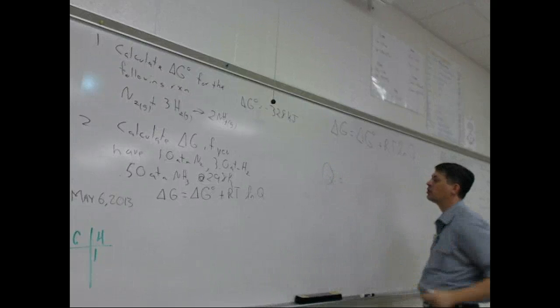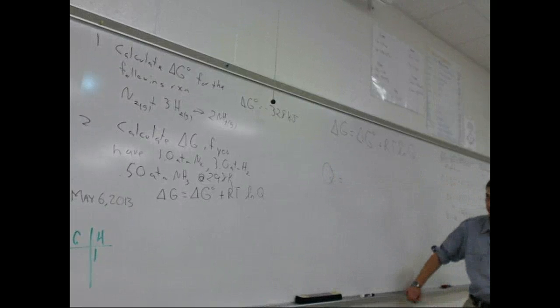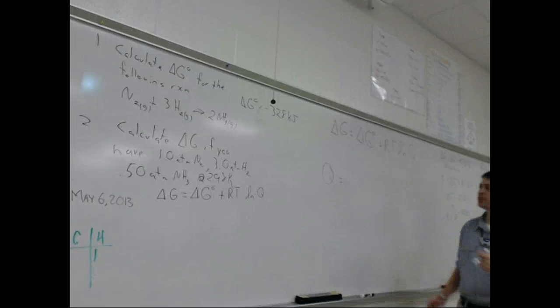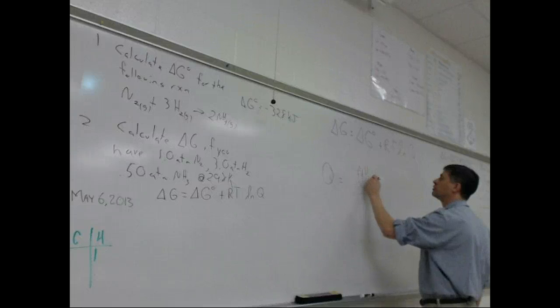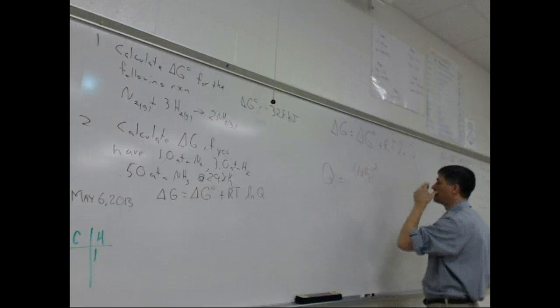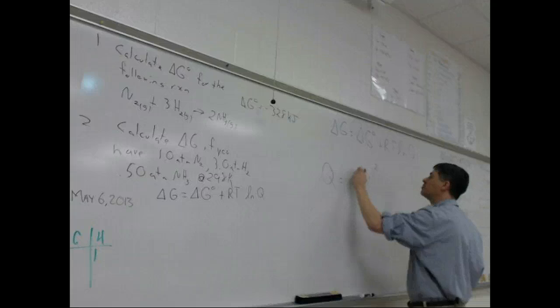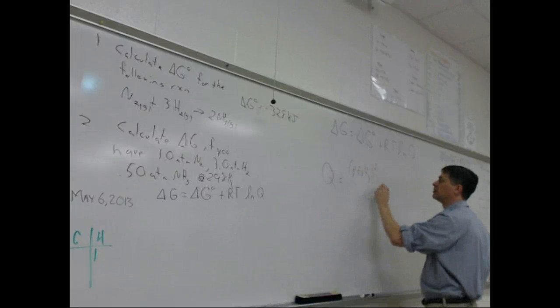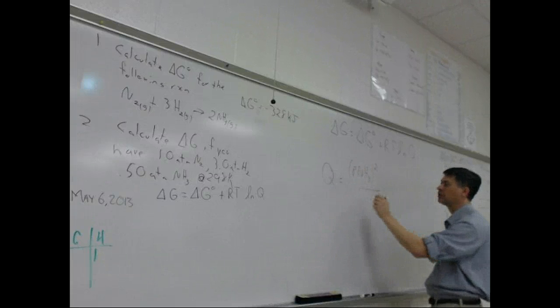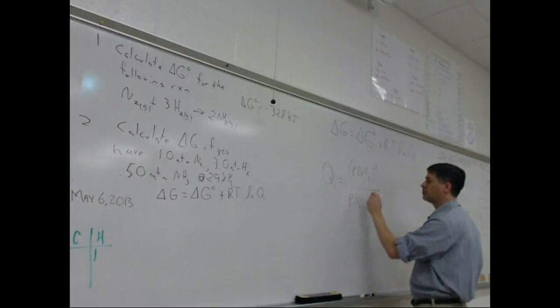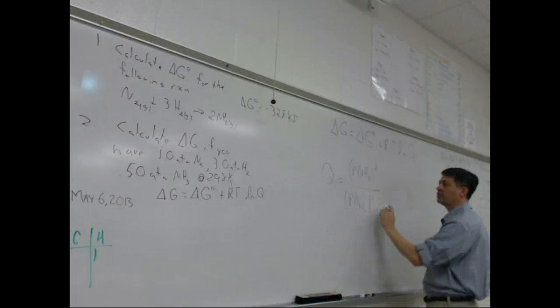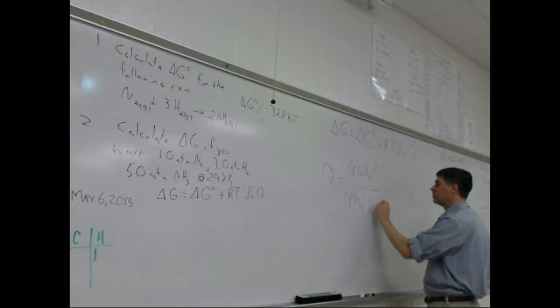So how do I solve for Q? Equilibrium expression. The equilibrium expression is P of NH3 squared over P of N2 times P of H2 cubed.